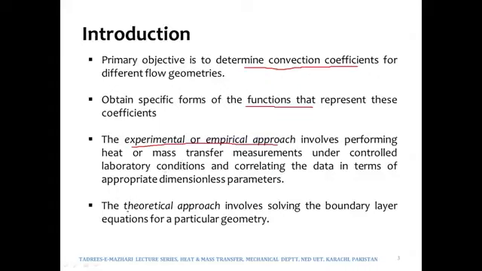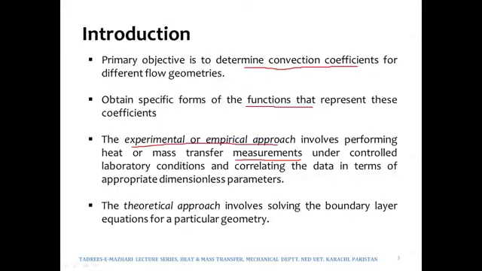The theoretical approach. So over here it says that the experimental or empirical approach involves performing heat or mass transfer measurements. So we would be having measurements of Q and of temperature, and area, of course, would be a known quantity under controlled laboratory conditions, and correlating the data in terms of appropriate dimensionless parameters like Reynolds number, Nusselt number, and others, Prandtl number.